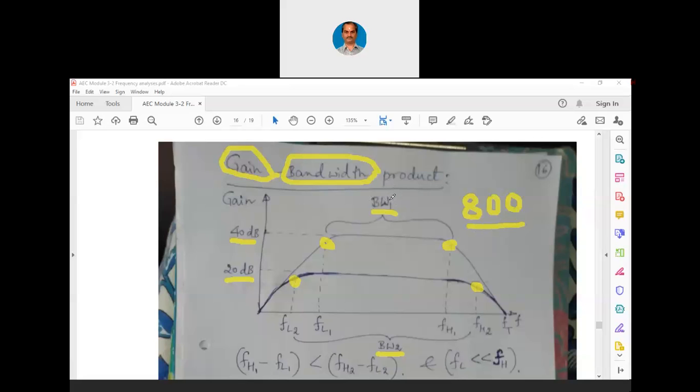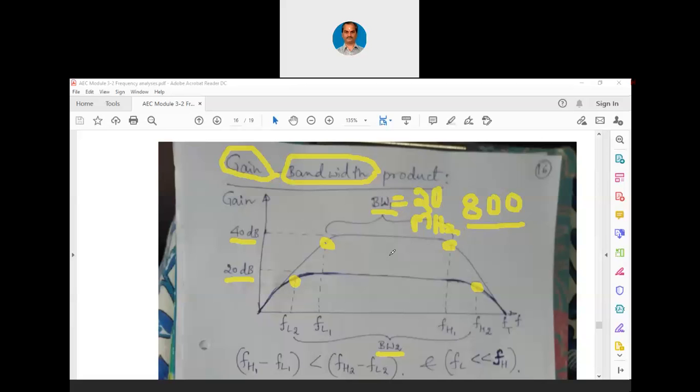I'm just giving an example. So 40 into 20 is 800, which is GBP. Naturally, this 800 is a constant value for this particular amplifier.